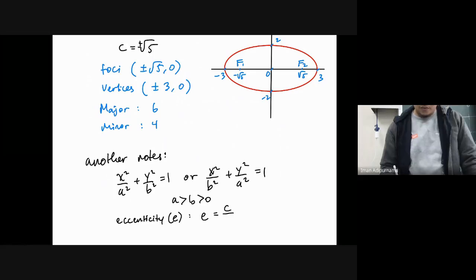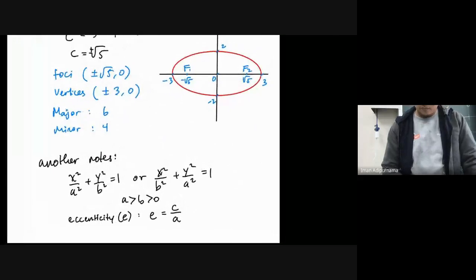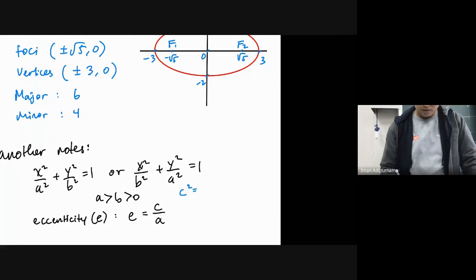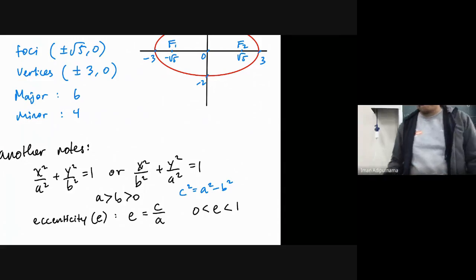E equals C over A, where C squared is A squared minus B squared. And E will be from 0 to 1.